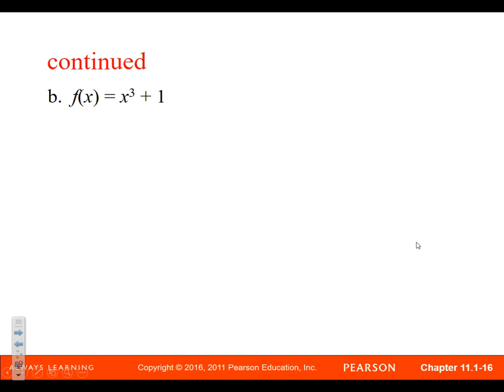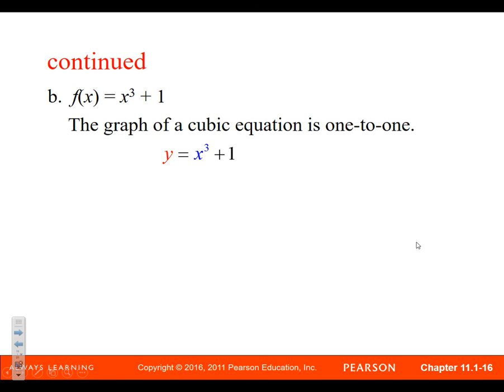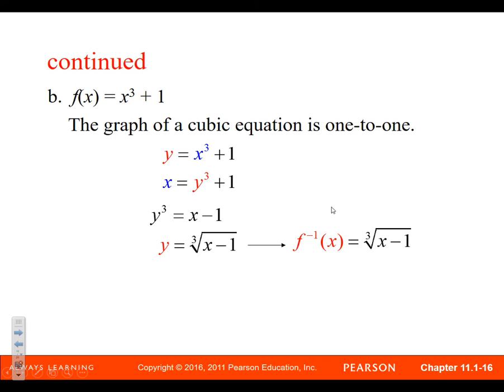Okay, here we go. Step 1, switch that f of x for a y. Swap their positions. Move over the 1. So you get y cubed is equal to x minus 1. To undo a cube, you take the cube root, and there you go. Turn y back into f inverse. Wait, hold on. I didn't do that.